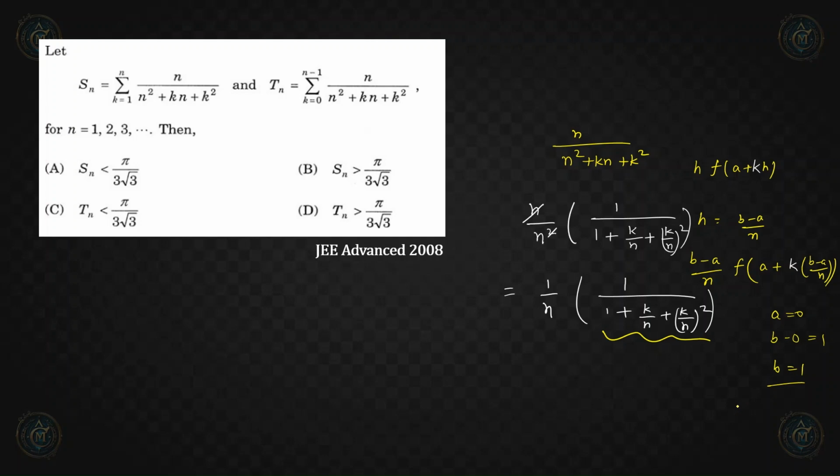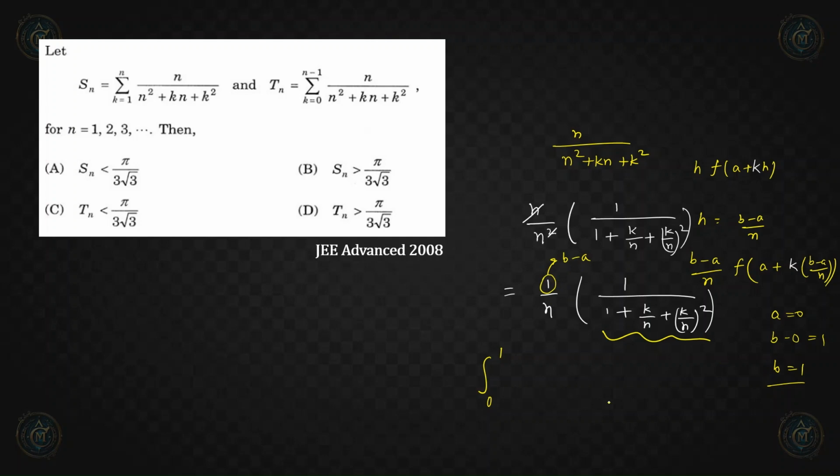That means we have to somehow relate this summation with integration from limits x equal to 0 to x equal to 1. So what will be our integral? Our integral will be 0 to 1. Then we have this thing, b minus a divided by n, we discussed. So this thing easily can be written as b minus a, 1 we can write as b minus a.